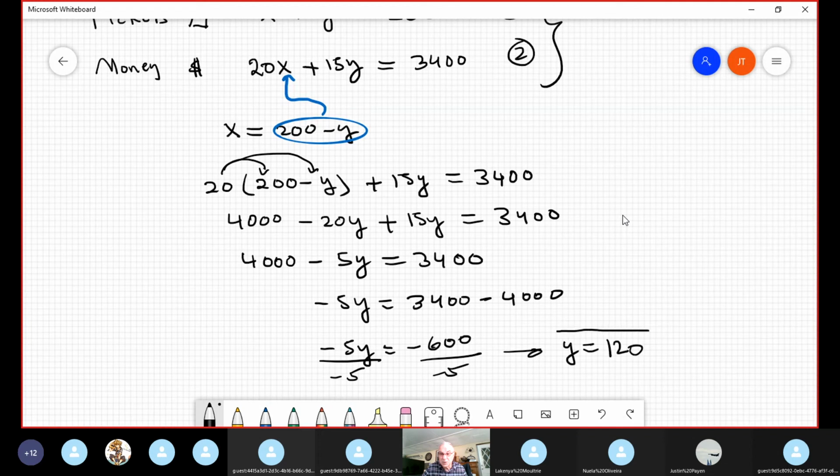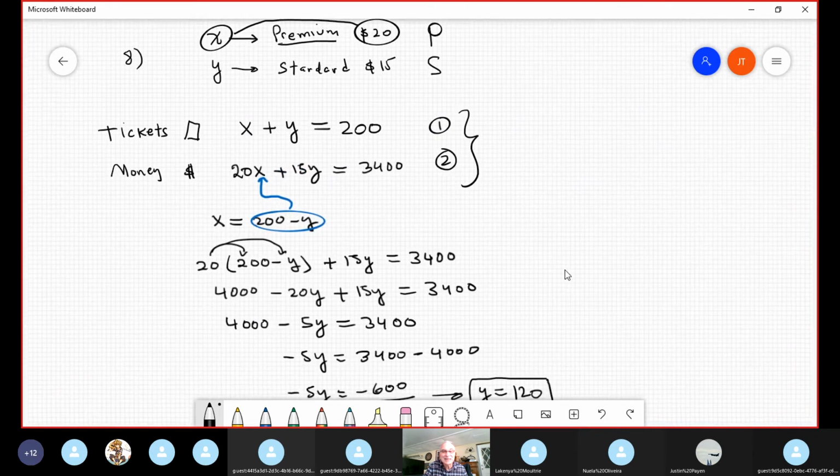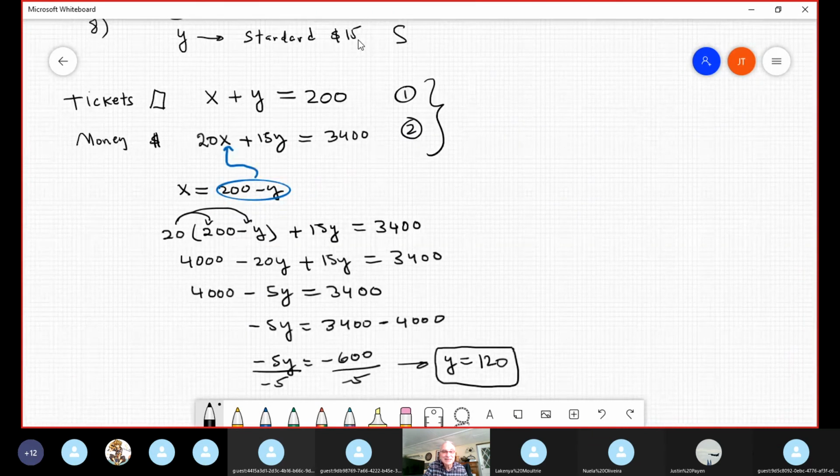Entonces, what is the interpretation of 120? In my original problem, 120 represents the tickets in the standard. So 120 tickets were sold in the standard. And what about the premium?